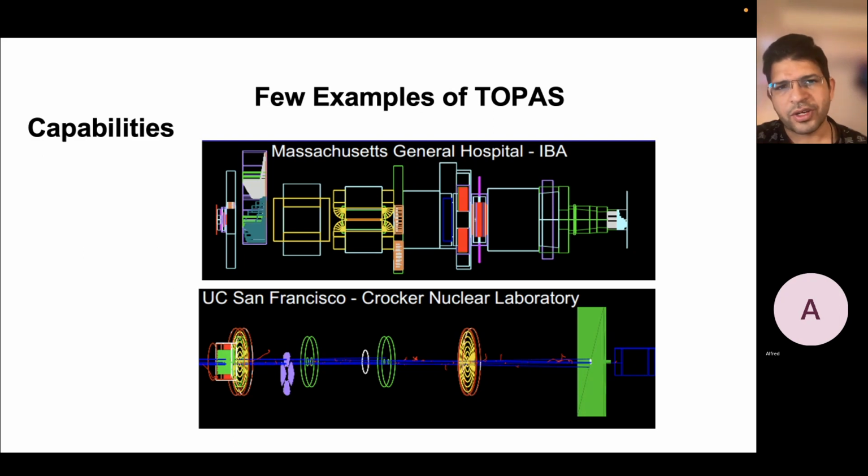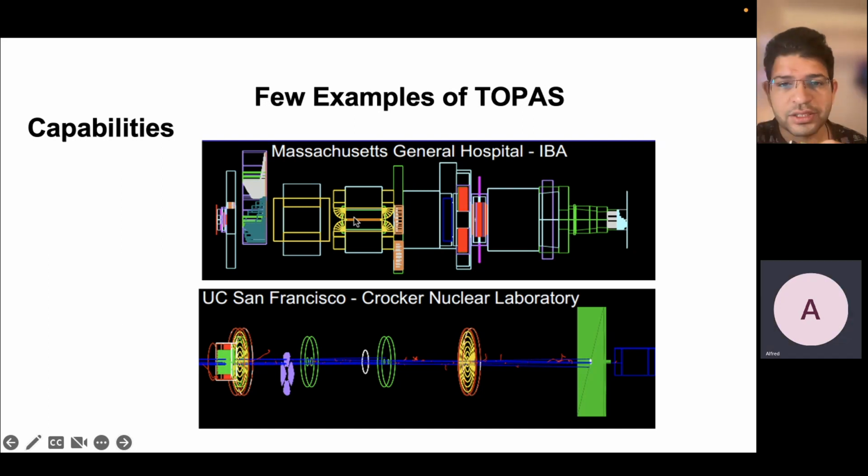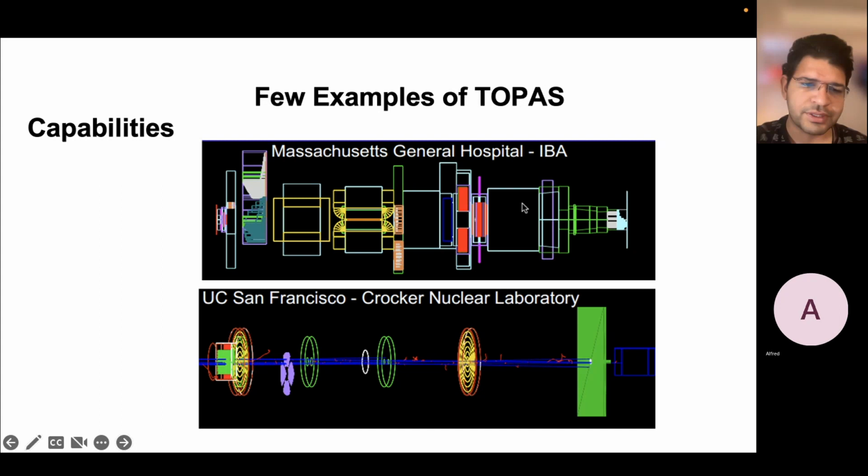Initially, talking about the examples that Topaz provides, they have provided a proton therapy unit simulation from Massachusetts General Hospital, the IBA proton therapy unit they have simulated, and this example is present in Topaz.